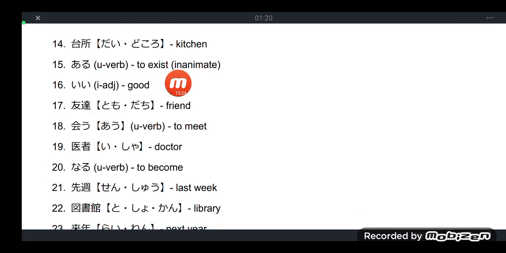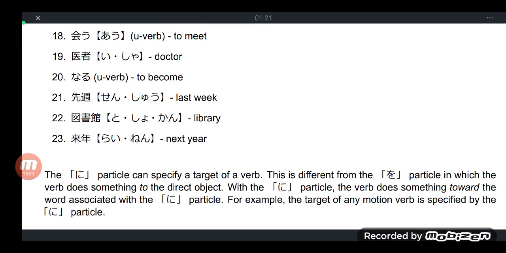Aru, to exist, but for inanimate things like ideas or chairs, tables. Ii means good; tomodachi, friend; au, verb to meet; isha, doctor; naru means to become; senshu, last week; toshokan, library; rainen, next year.